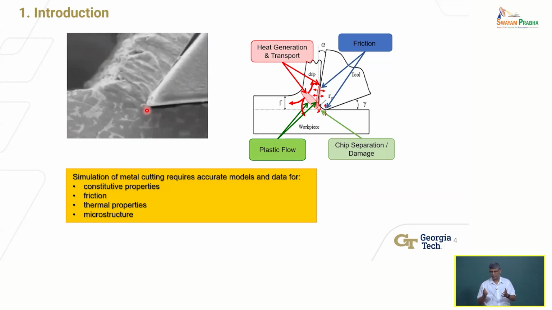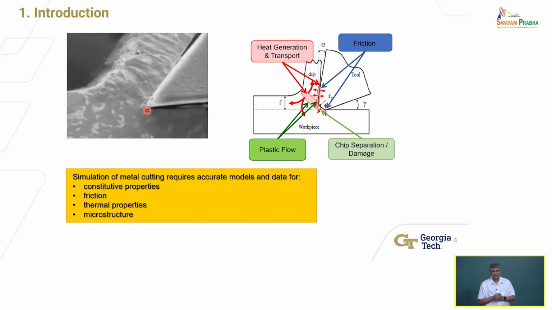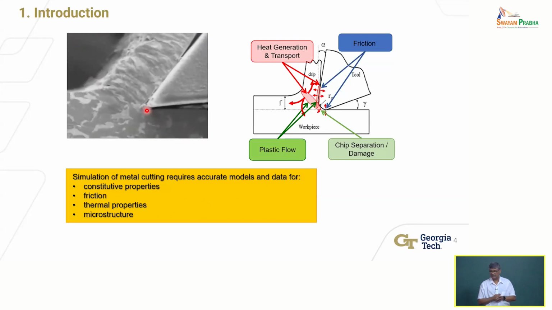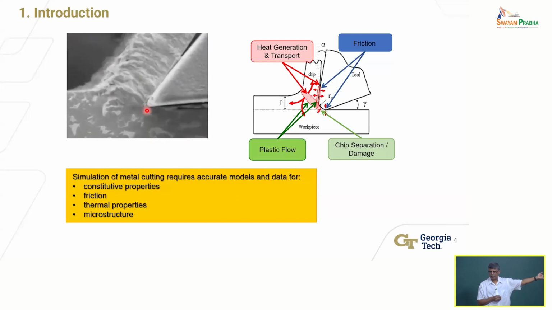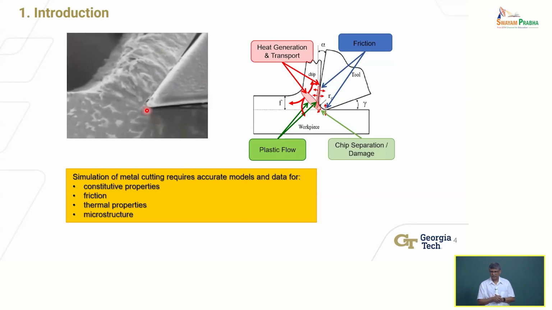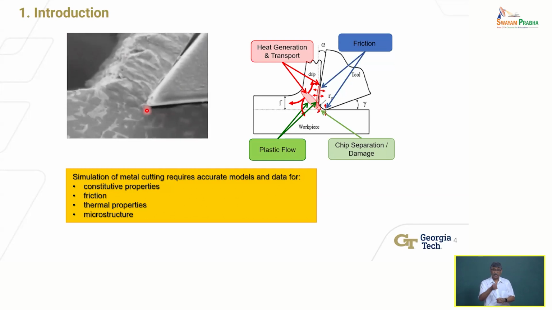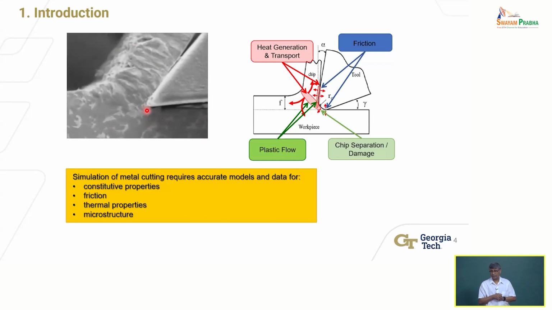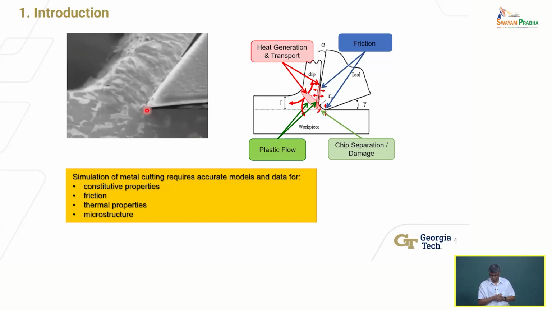And if you use a tension test to determine the yield strength of the material, it's inadequate to characterize what happens in machining. You can't just take the yield strength of a material obtained from a simple tension test and use it to describe what the material will be subjected to in a cutting operation. Also, the strain rates in a tension test are very low, as I already said, and the amount of strain is also low.